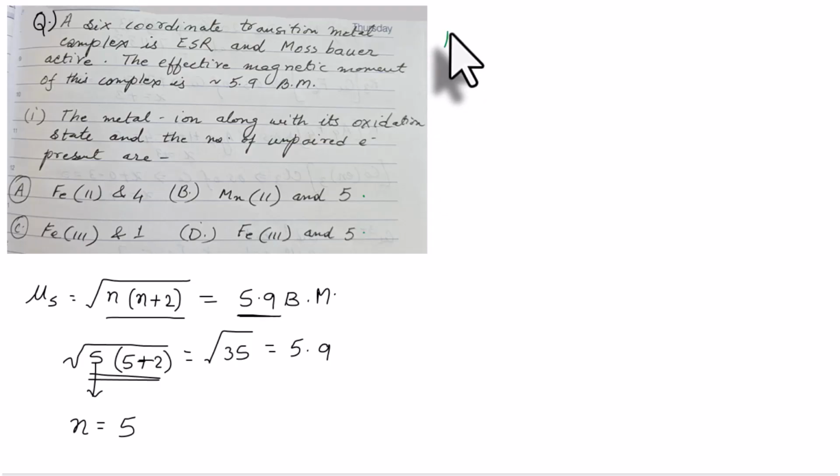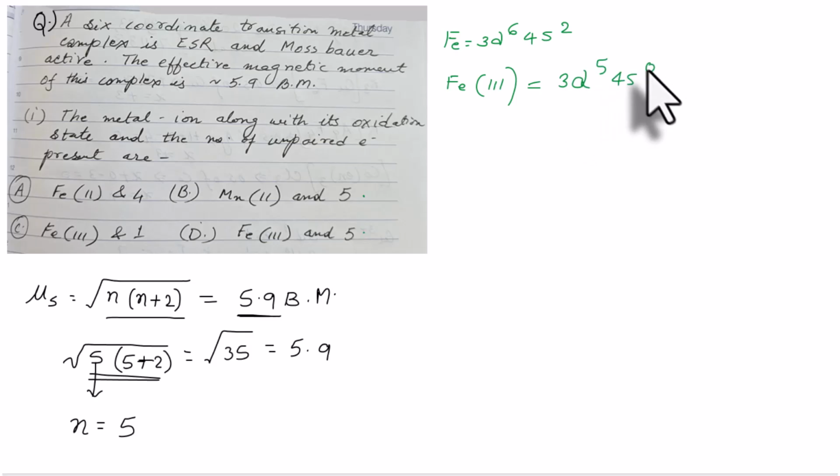So Fe has a valence electronic configuration of 3d6 4s2. So Fe in the plus 3 oxidation state, how many electrons should it have? It should have 3d5 4s0. And what about manganese? Neutral manganese has 3d5 4s2 electronic configuration.